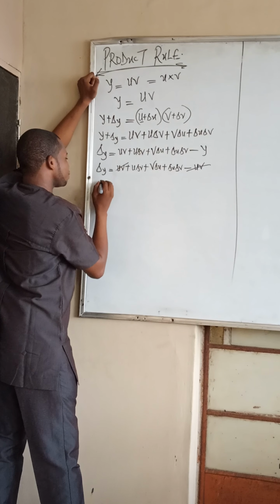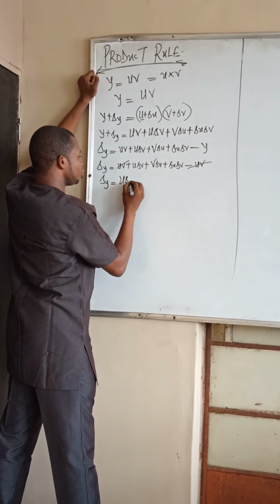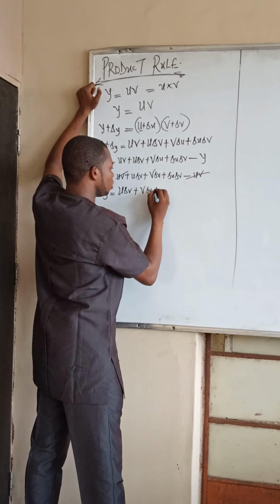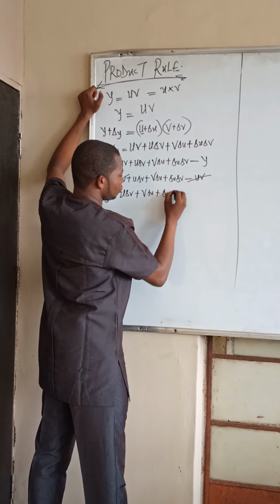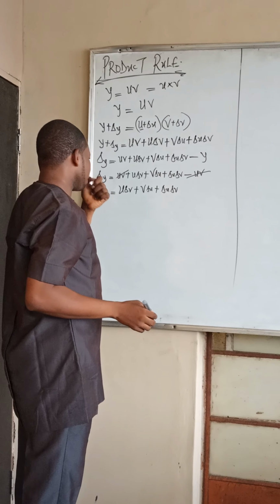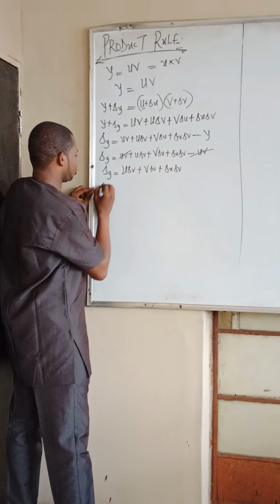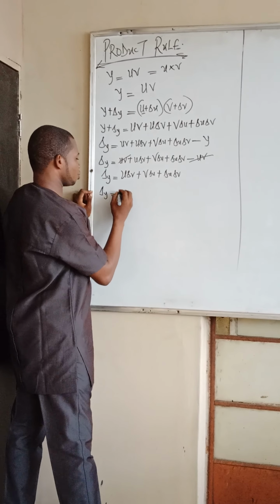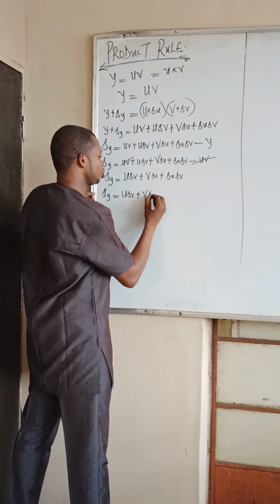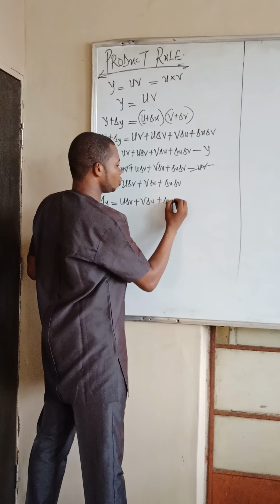I'm left with change in y giving me u change in v plus v change in u plus change in u change in v. So at this point, we divide through by change in x.